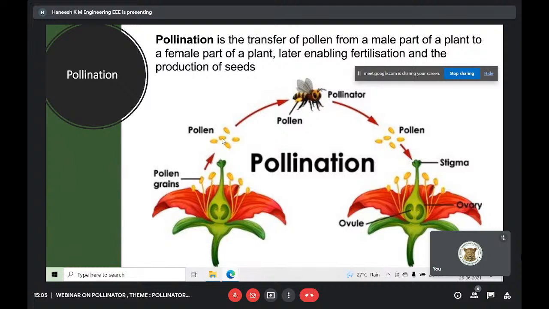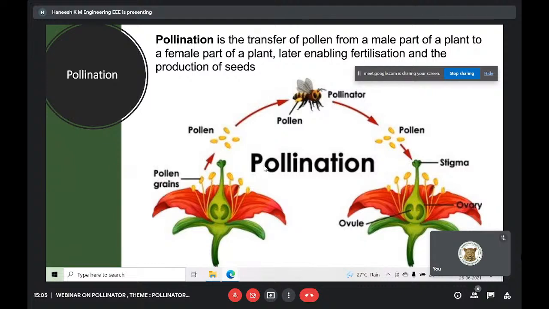The pollen grains have to reach the stigma, and that is how it gets fertilized. Once it is fertilized, it slowly converts into fruits, berries, nuts, or finally the seeds. That is how the generation continues and the plants reproduce.